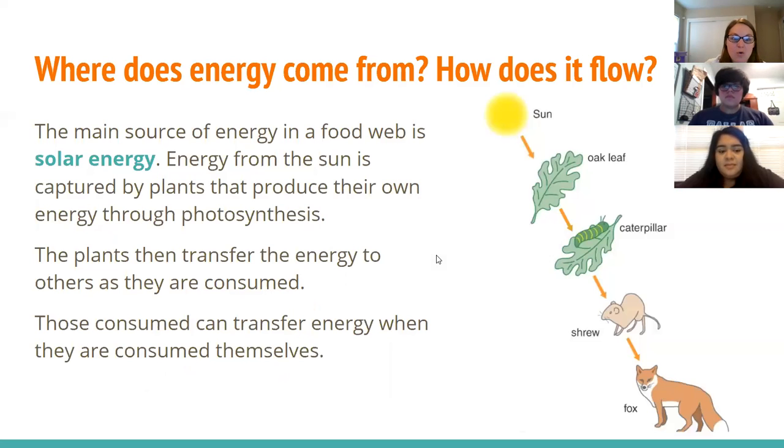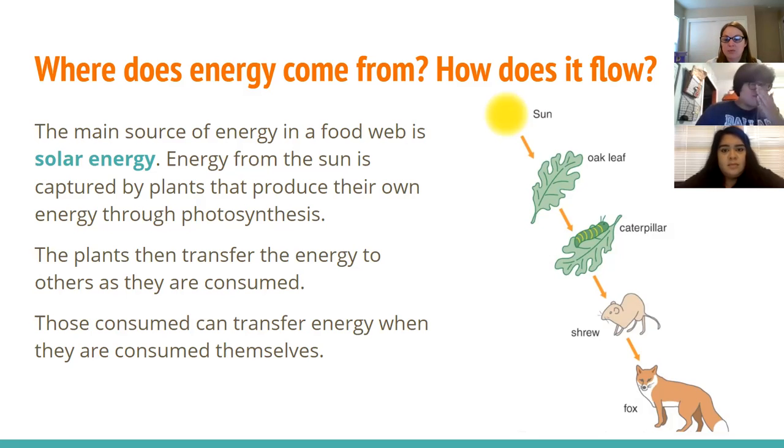So where does the energy come from in a food web? All of the energy in the food web comes from the sun. So everybody say solar energy. You go like this, solar energy. So it comes from the sun, and then it goes to the plants or the producers, and then the plants use that energy from the sun to make energy with a process called photosynthesis.